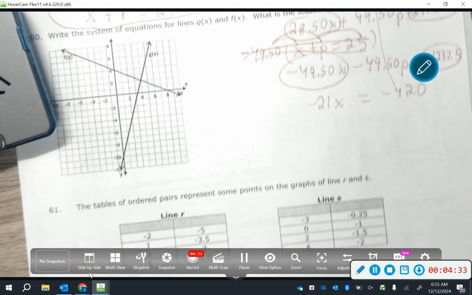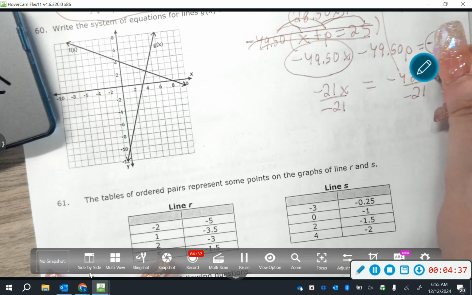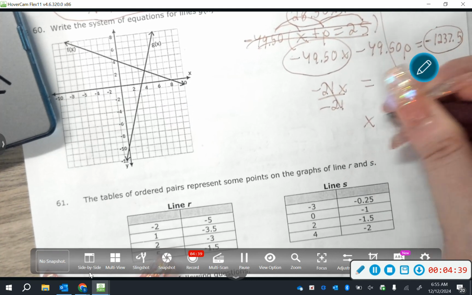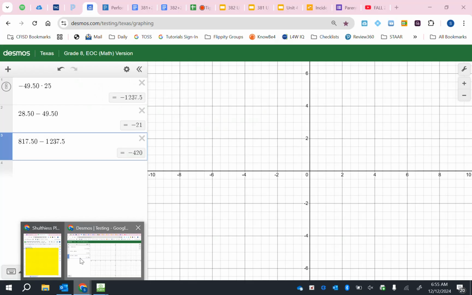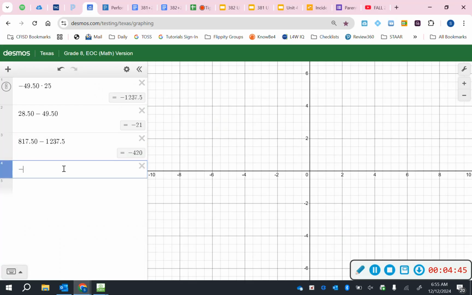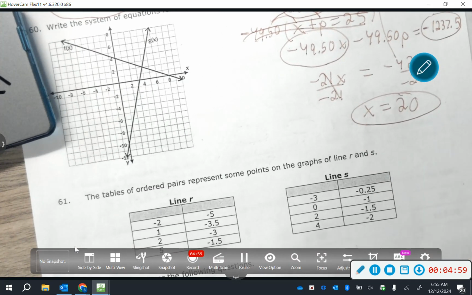Well, if I'm solving for X, now we're going to divide both sides by negative 21. X equals, I'll plug that in, negative 420 divided by negative 21, we got X equals 20, so that means we bought 20 Xbox games.